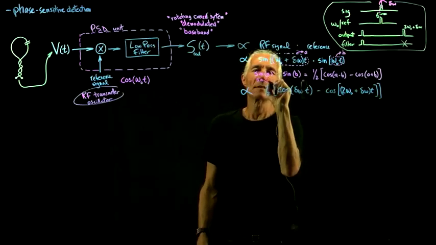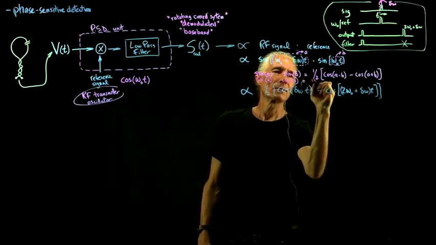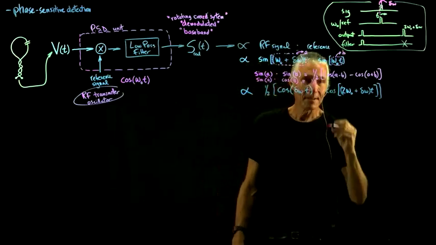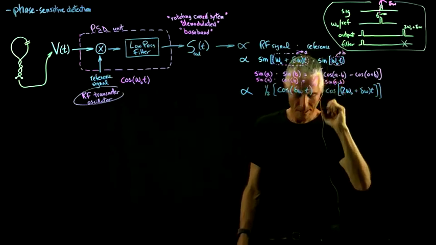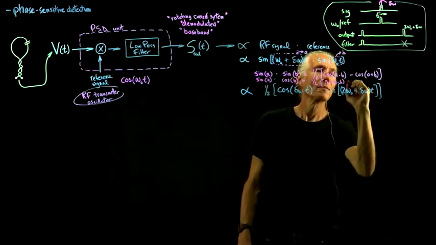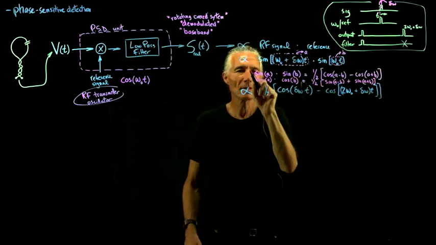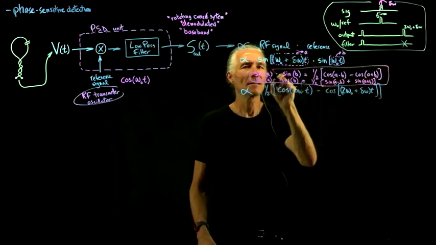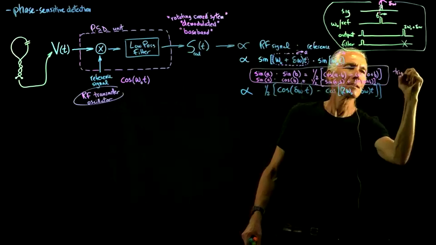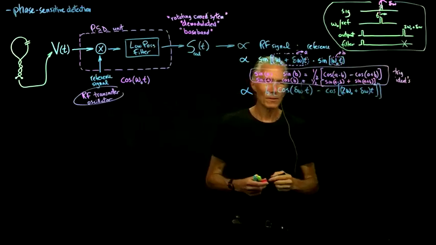So if we take sine of A times cosine of B, that equals 1/2 times sine A minus B plus sine A plus B. So these are trig identities.